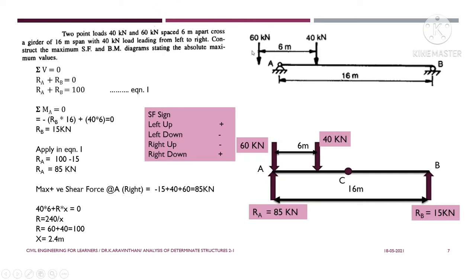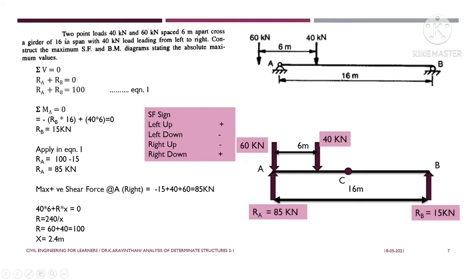At which position, if you locate, see here you are having 2 point loads, the 60 kilonewton and 40 kilonewton. Okay, when these two loads are traveling from one point to the other point, at which location if it is placed, you will be getting the ultimate bending moment. So that we will find here.